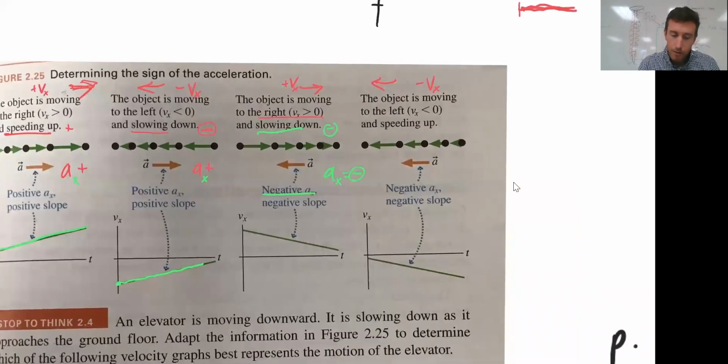The other case where I'd be negative is if I'm going to the left and speeding up. Speeding up is positive, so in the negative direction, if I'm getting faster, it would be a negative slope as shown here. So that would be negative acceleration. Okay, so that's just how to find the sign of the acceleration.